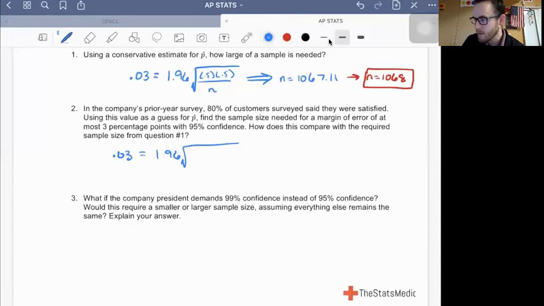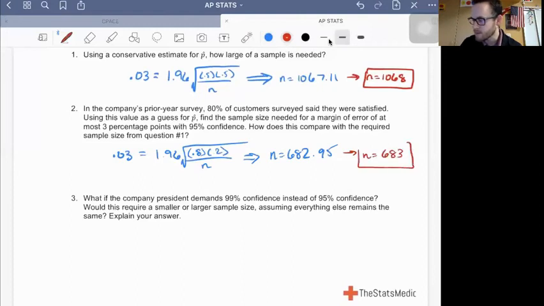But now, instead of 0.5 as our proportion for p-hat, it's 0.8 and 0.2 because it's 1 minus p, over n. When we solve that using our algebra, we get n equals 682.95, which again, we have to round up. So n equals 683. And you can tell that the sample size has decreased in comparison with the first one.